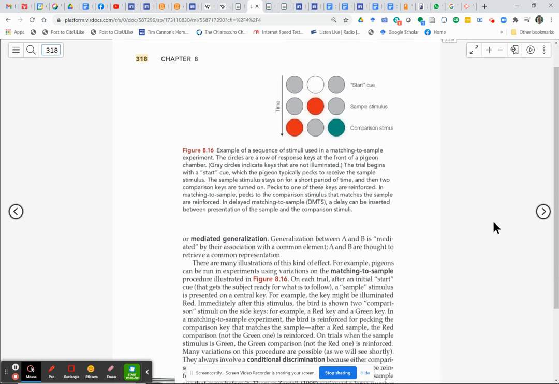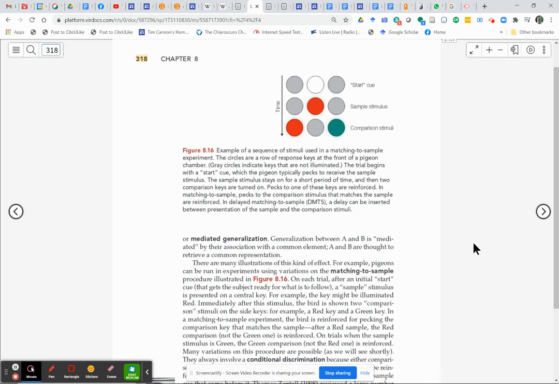Matching to sample. So the pigeon has to peck at the white key to tell the program it's ready, and then in the second situation, that light goes from white to whatever, in this case, red. And then in the final one, the animal has to peck at matching to sample.